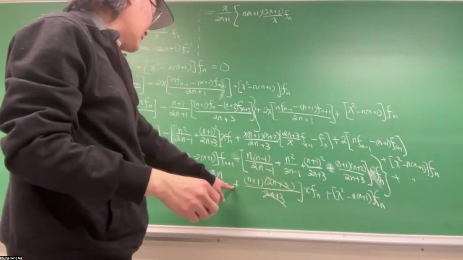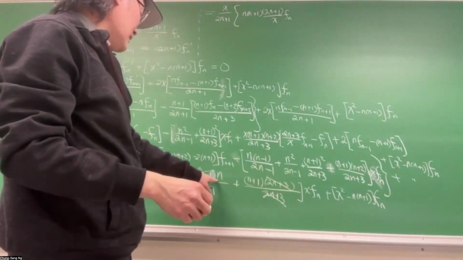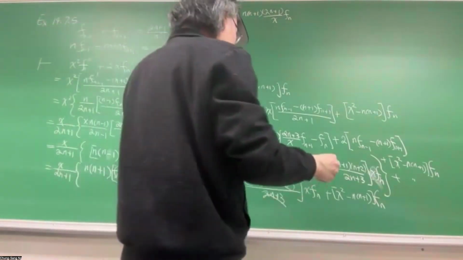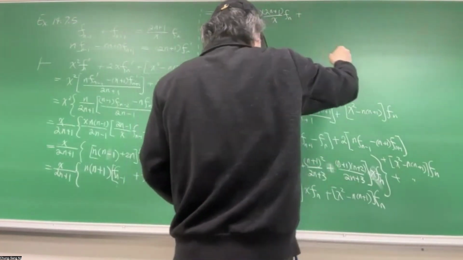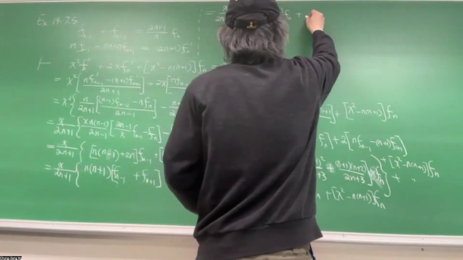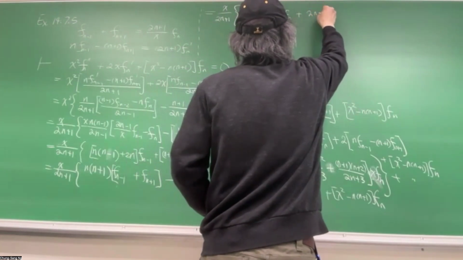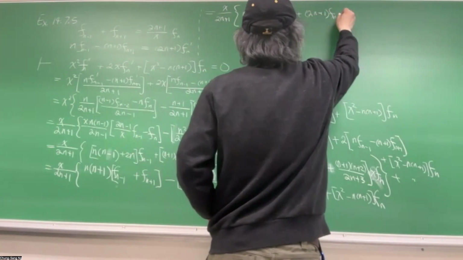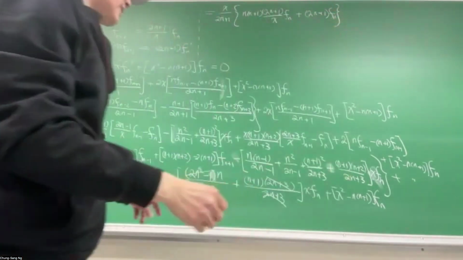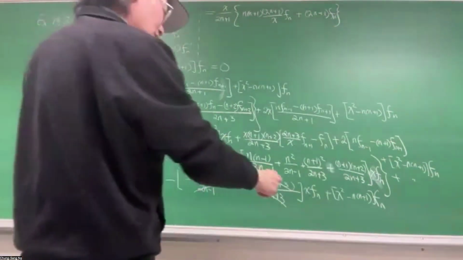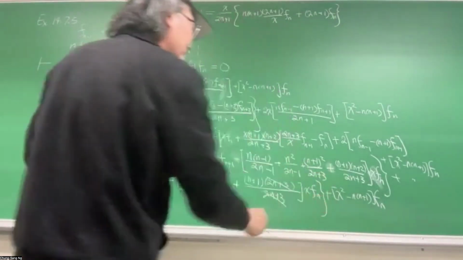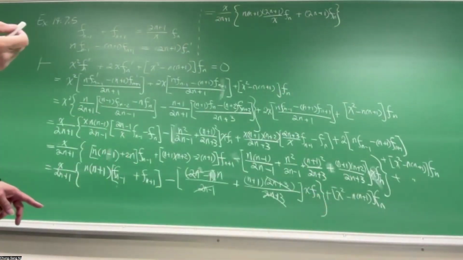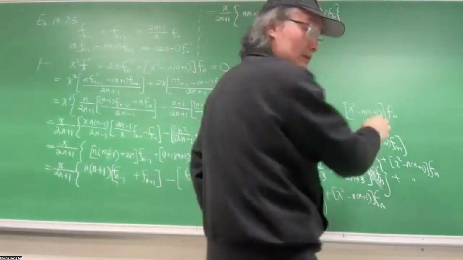And for this one is your n here, your n plus 1, 2n plus 1, 2n plus 1 of n. That's the curly bracket. Well, I forgot this curly bracket here. Right, and then plus the rest.